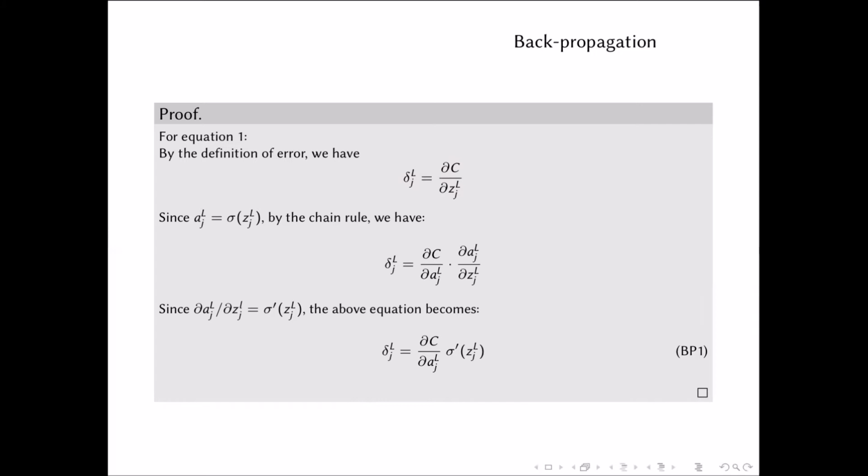If we look at the last part here, by definition, this gives sigma prime of z_j^L. So we just substitute this into that, and that's our equation 1 written here.